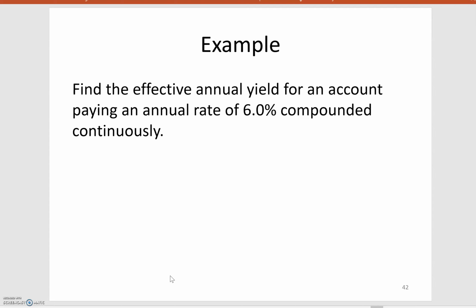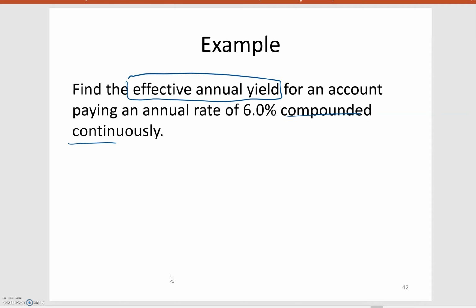Find the effective annual yield for an account paying an annual rate of 6% compounded continuously. So we're still getting used to using this continuously compounded scenario. But the effective annual yield should look familiar.